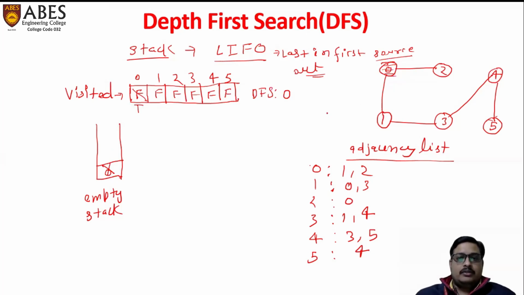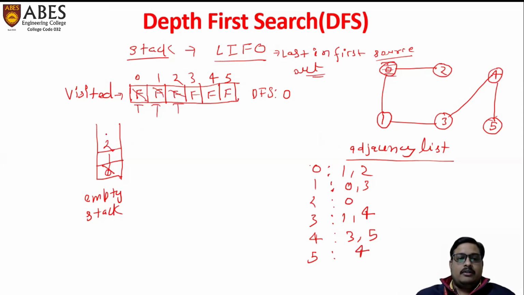So 1 and 2. Let me check the status of 1 and 2. 1 and 2 is false. So we'll just push 1 and 2 on the stack. And after this, we'll mark the status of these 1 and 2 vertices as true in the visited array.